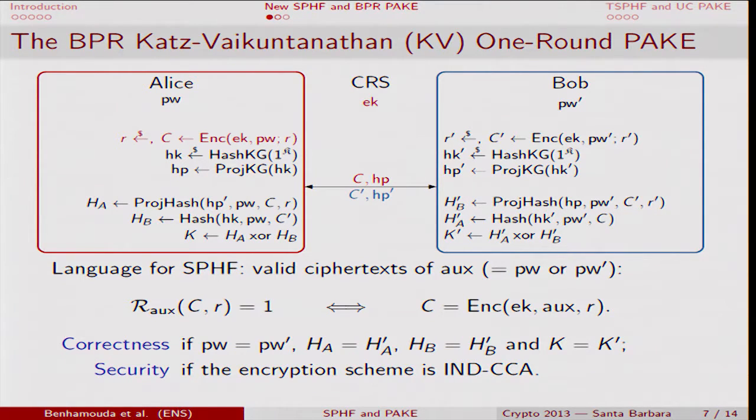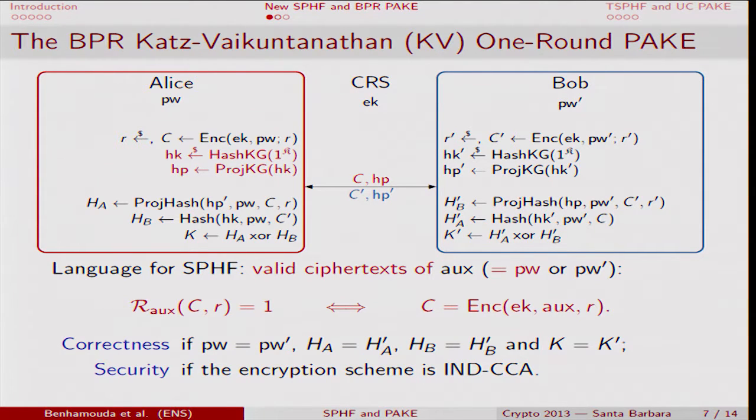In other words, Alice commits to her password PW, and then she computes a hashing key and an associated projection key for the language of valid ciphertexts of the password PW. The witness for such a ciphertext is just the random coin used in the encryption algorithm.